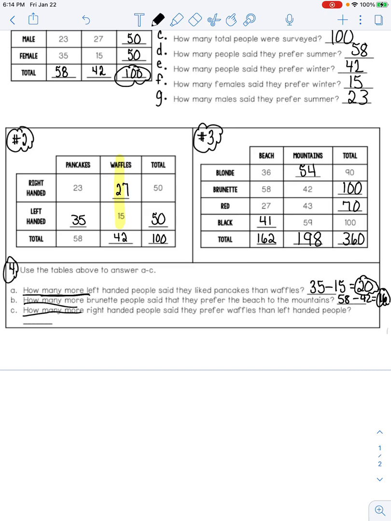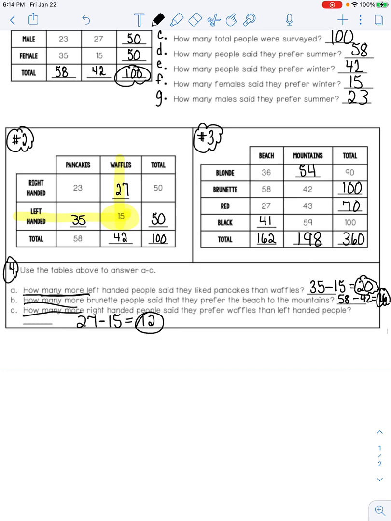Well, let's see how many right-handed people liked waffles. 27. How many left-handed people liked waffles? So let's match up left hand and waffles. That's 15. How many more? Well, let's subtract. 27 minus 15 is 12. So 12 more right-handed people preferred waffles than left-handed people.